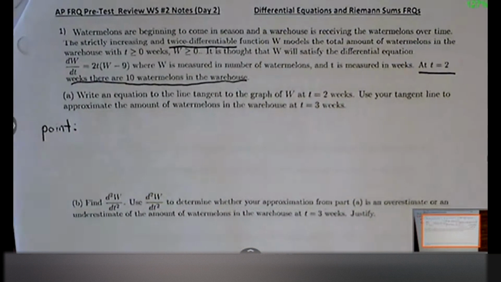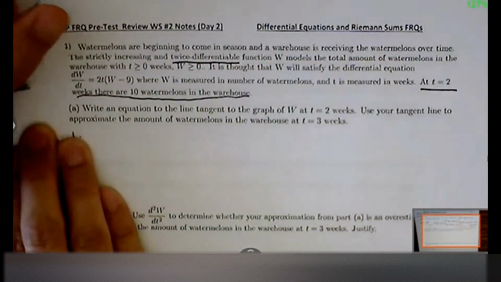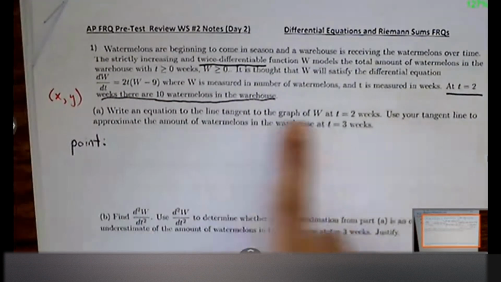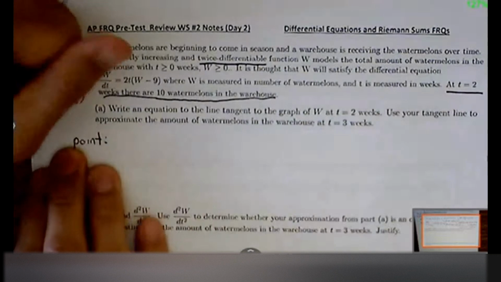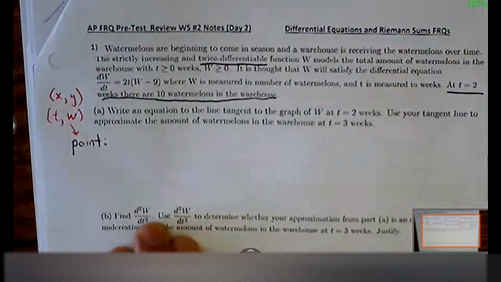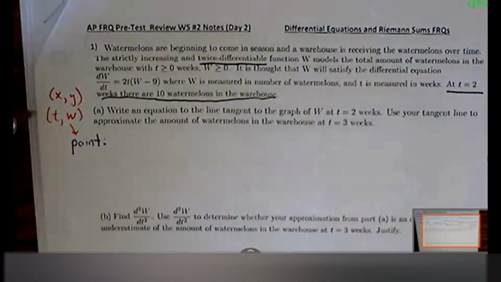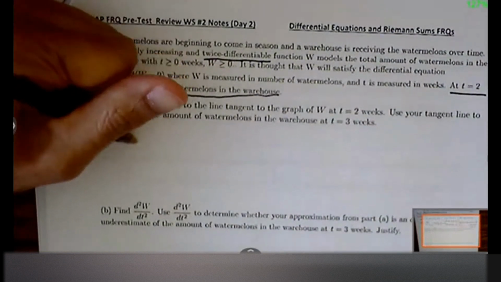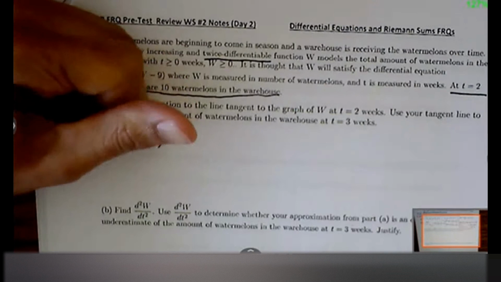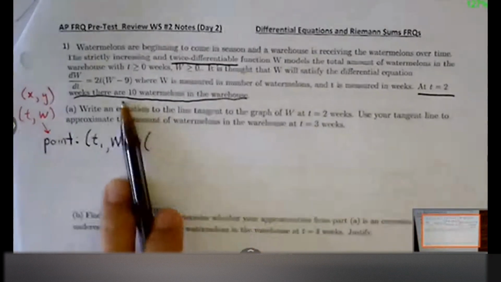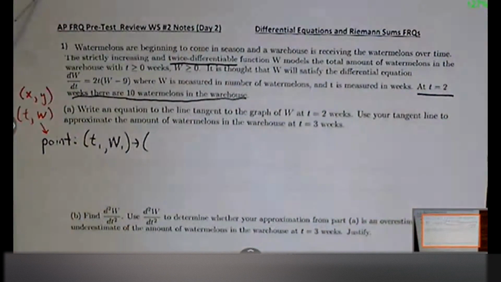We're used to seeing ordered pairs in terms of x and y, but we need to adapt the variables to be in terms of t and W. Think of t as your independent variable and W as your dependent variable. So we know at 2 weeks, there are 10 watermelons. So the ordered pair is (2, 10).